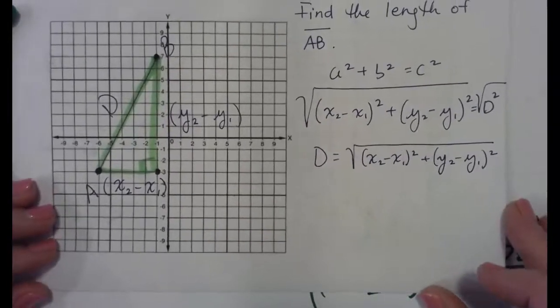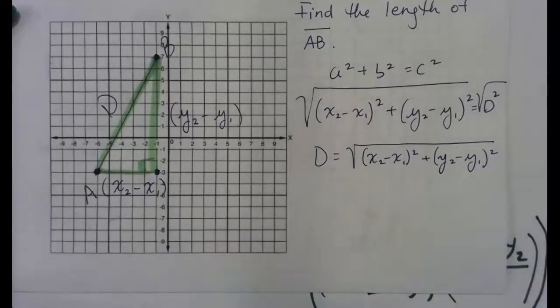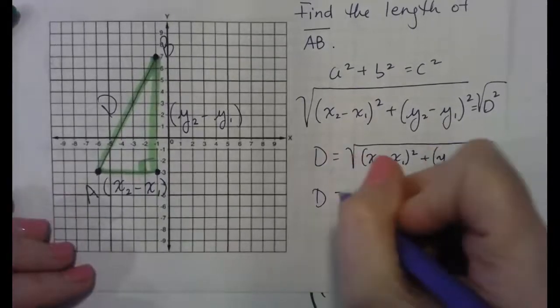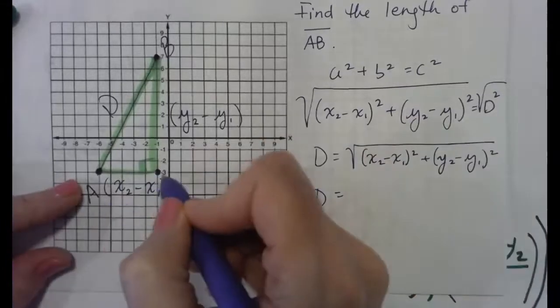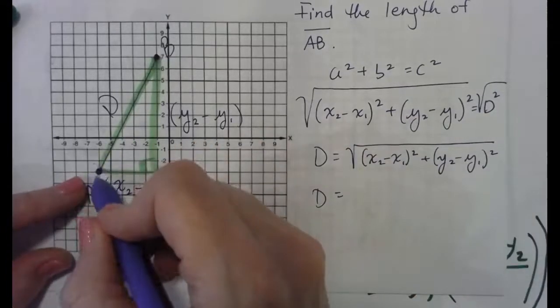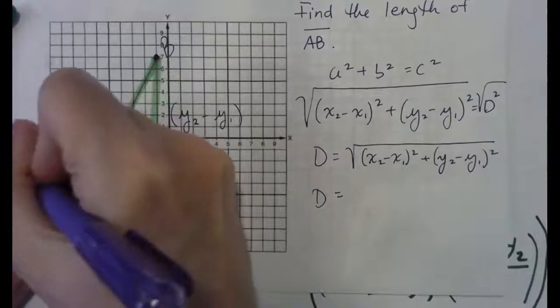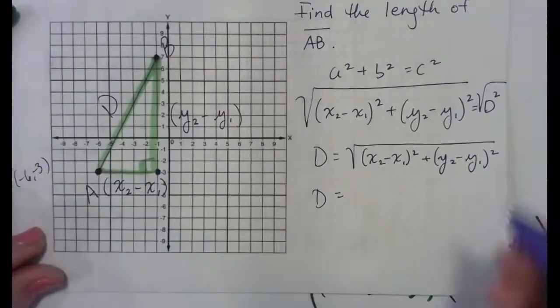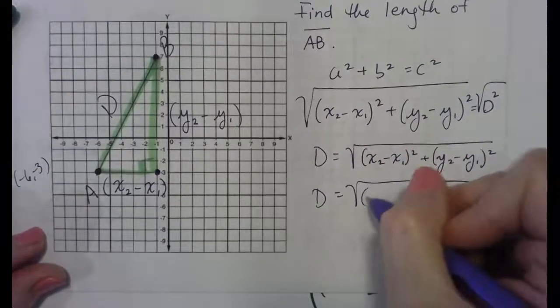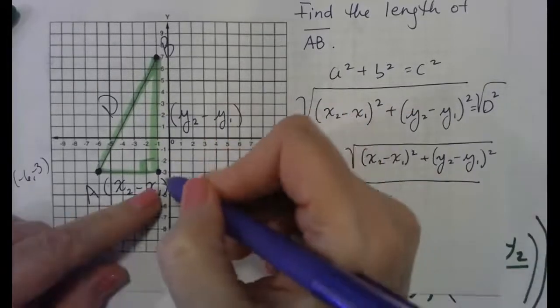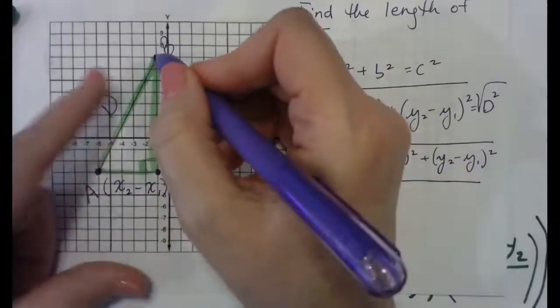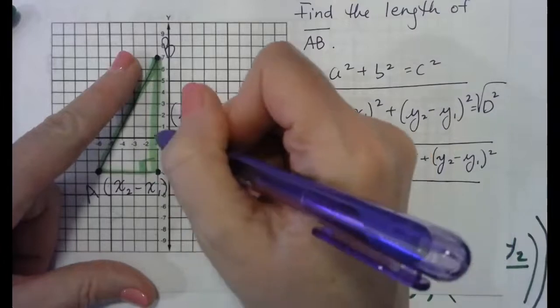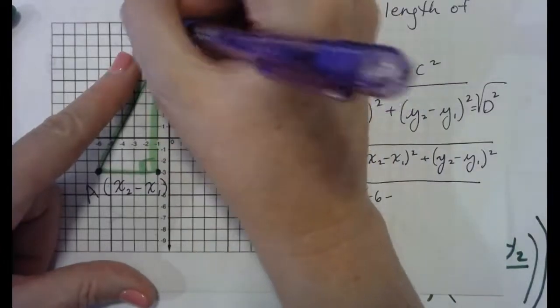So let's actually find the distance from A to B now. Let's label those points. This is -6, -3. So that is going to be -6 minus, and then of course up here we are at -1, 7.